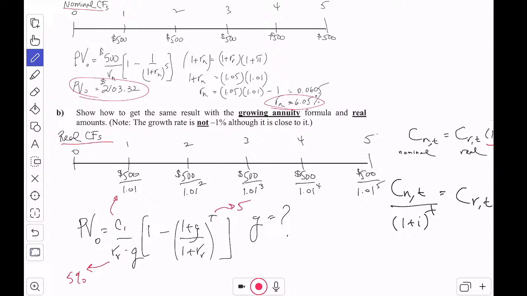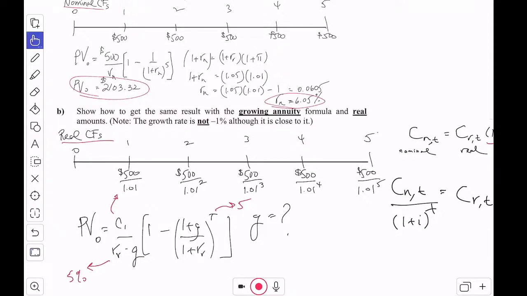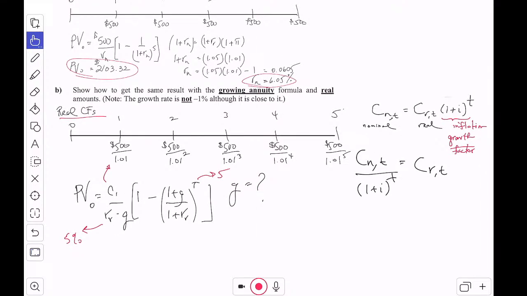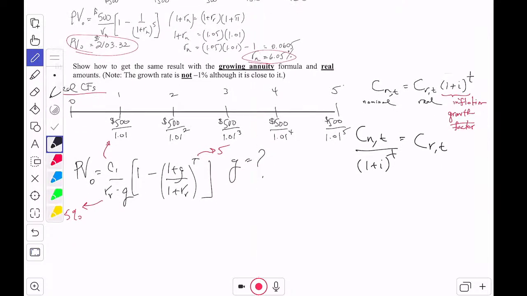Nobody? The question was, what's G for the formula? No idea? Okay, let's take a moment. Let's go back and look at the timeline for the growing annuity.